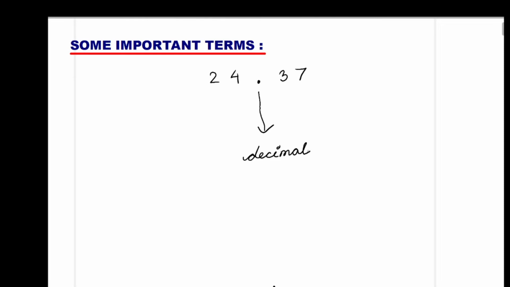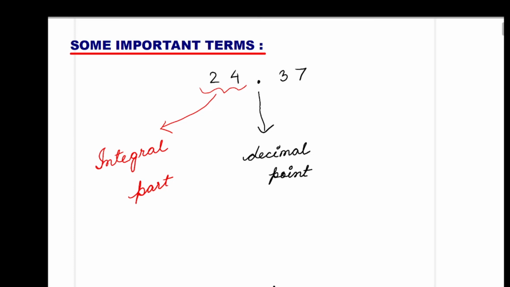Next, this part is called the integral part. That means before the point, this part is called the integral part.